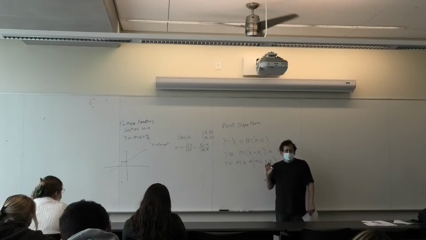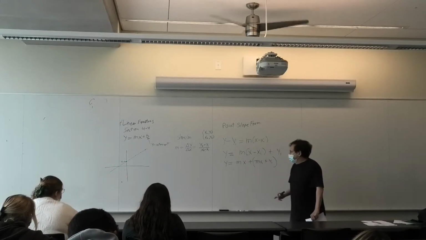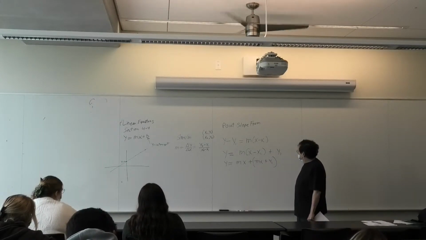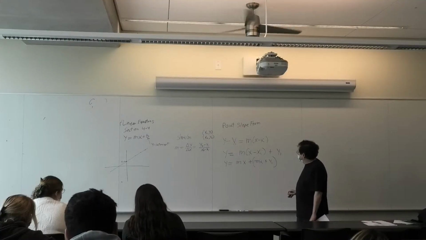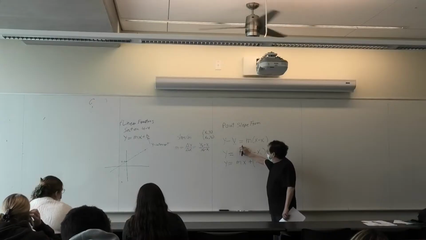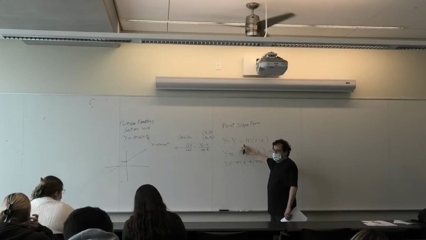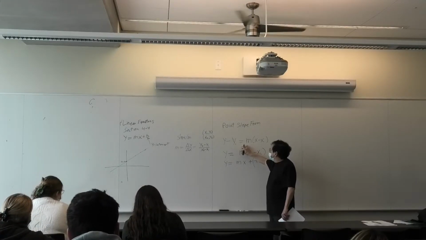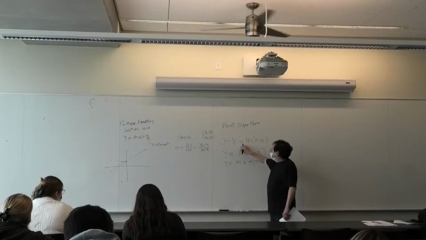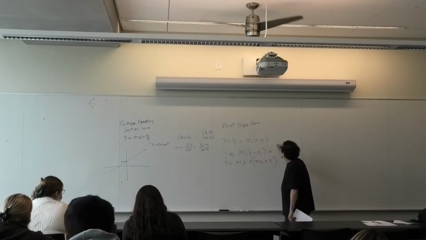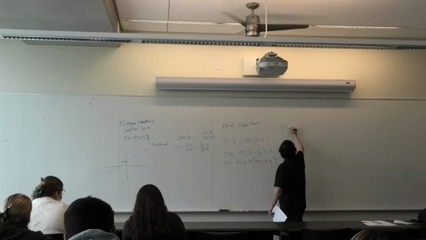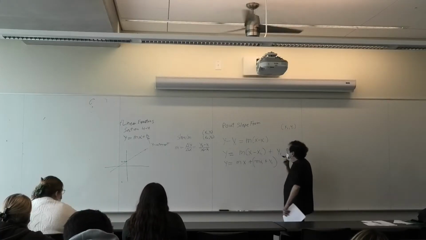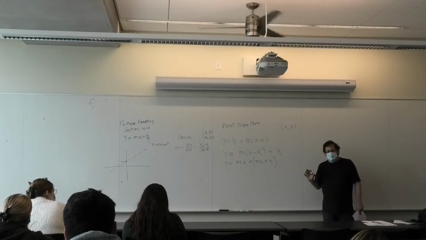Now that's half of what I wanted to do. The other half, I want to make it clear that this is a line that goes through this point, x1, y1. And that's kind of the easy part.